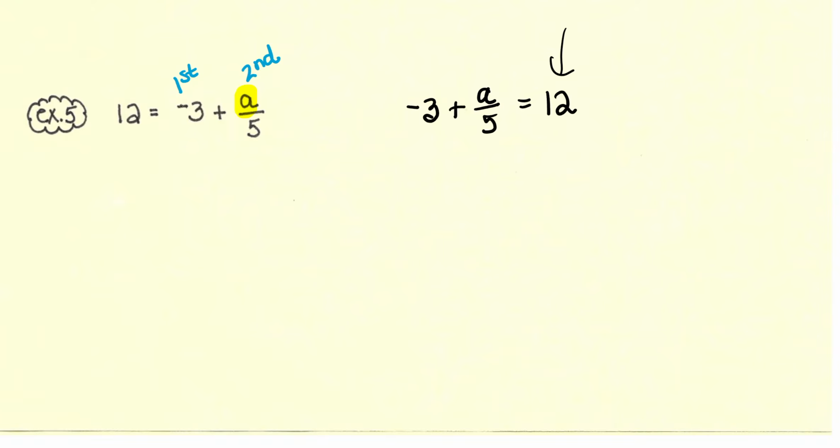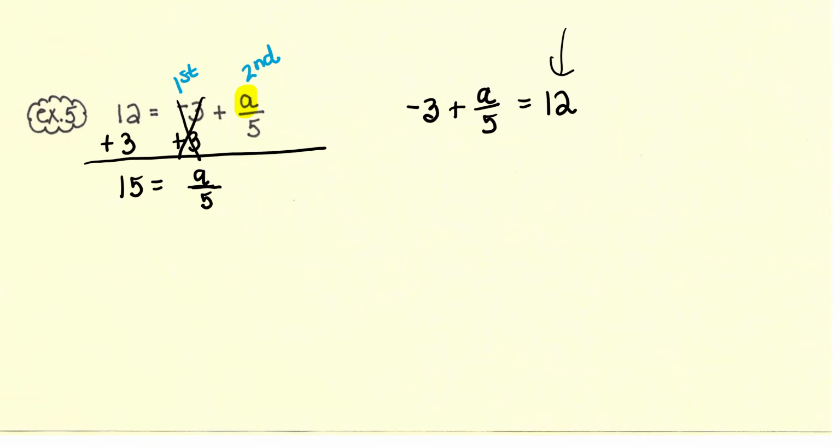All right, so that is a subtract 3 because that's a minus in front of it. That's a negative or a subtract 3. So we're going to add 3. So add 3. Those will cancel. 12 plus 3 is 15, and then bring this down just like you see it.